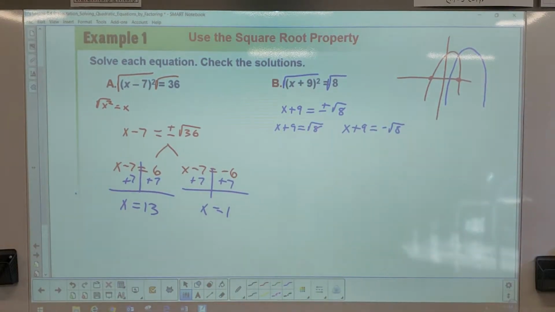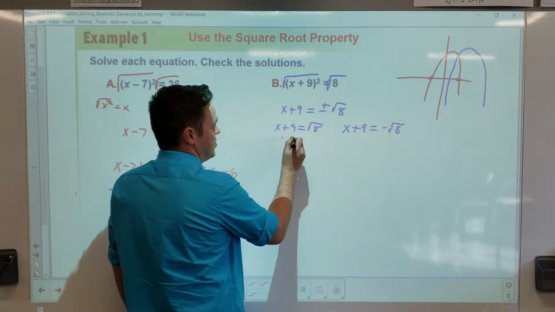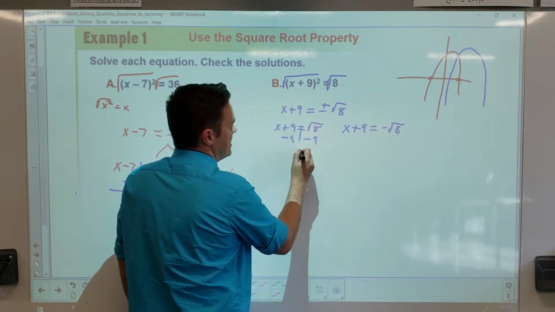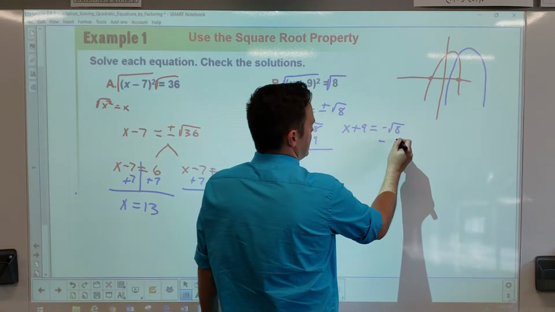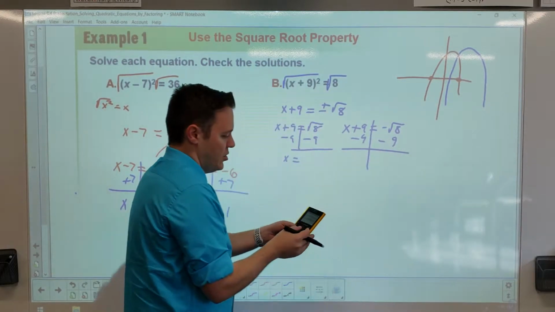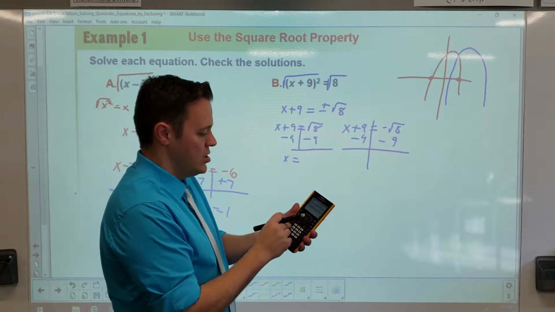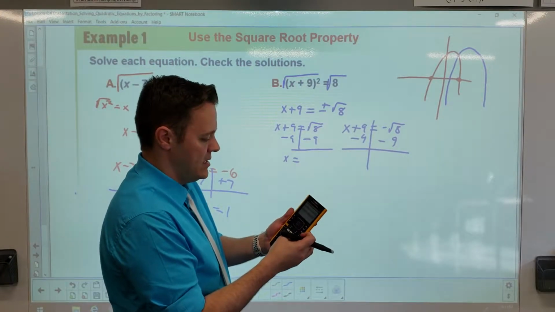Here's the key factor: is this going to be a real, whole number? The answer is no. When you subtract 9 from both sides, you get x equals whatever this is. On your calculator, you go square root of 8, minus 9.